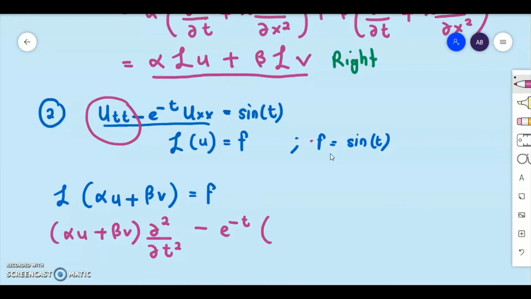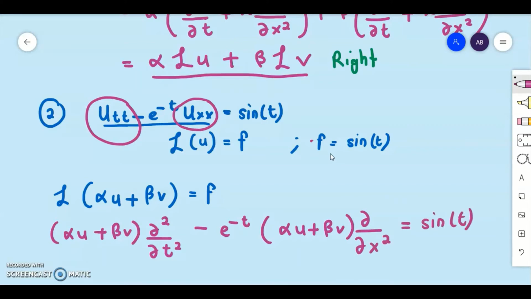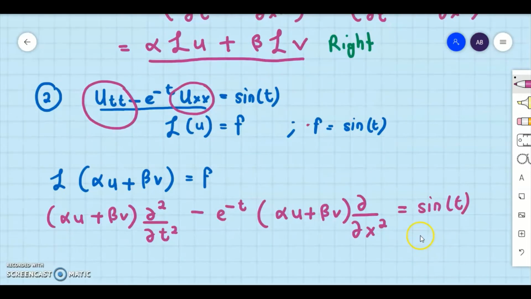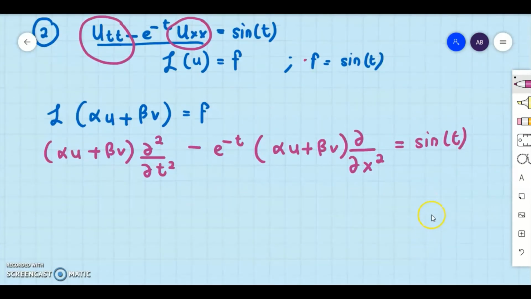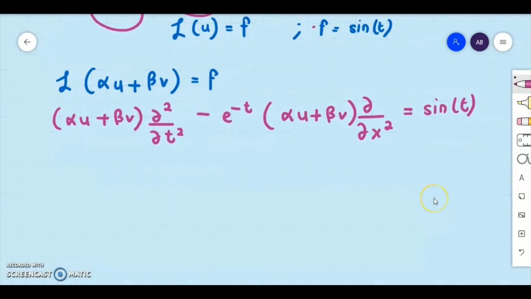Then I have alpha u plus beta v with partial squared over partial x squared for this term, equals sine t. This example is different from the earlier one I showed. Now let's move on to multiply.